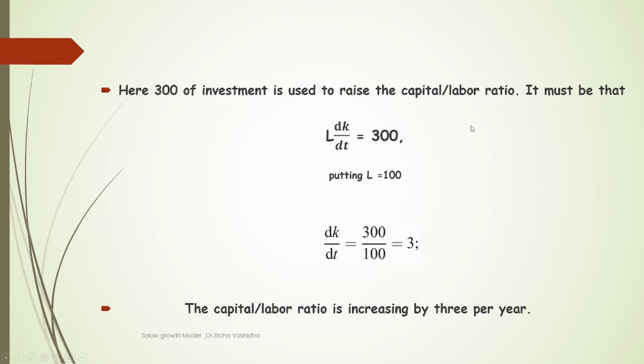The same is continued here. So this comes out as dk by dt, showing that the capital labor ratio is increasing by 3 per year. It's just to show how other values can be worked out with the help of the basic equation of capital accumulation, just by putting in the values here.